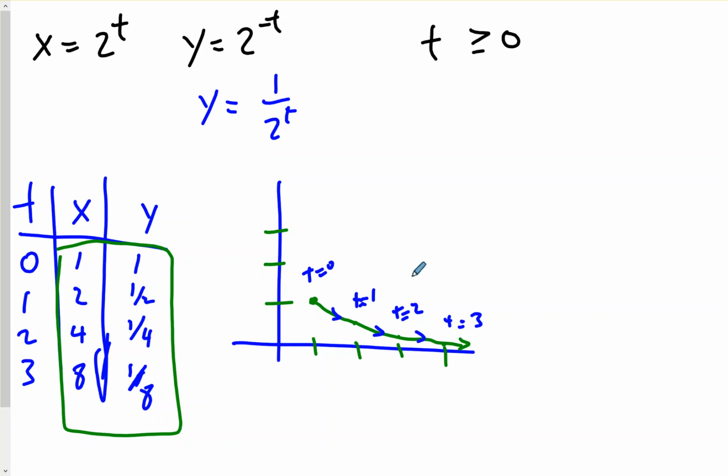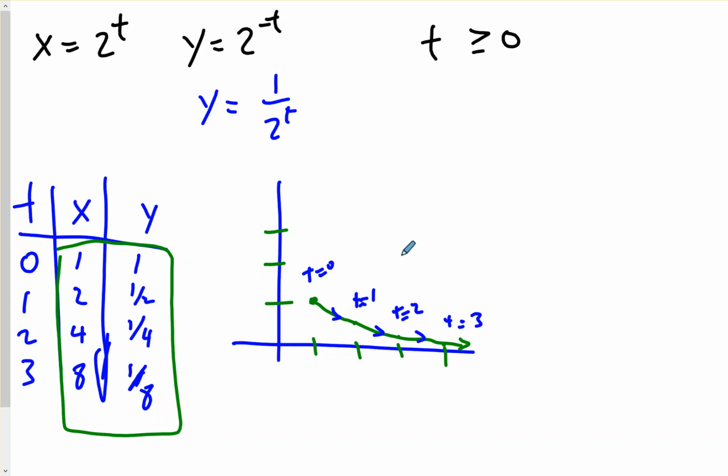Another thing I want to mention about these is you could try to solve for the y in terms of x, because you might want to say, well, what does this look like if I could take out the t variable, and you could do this in a lot of cases, right?